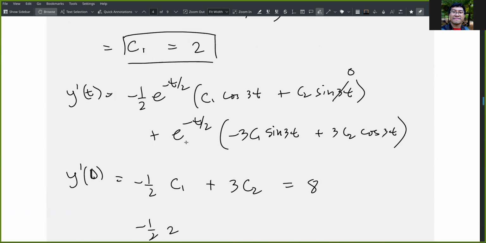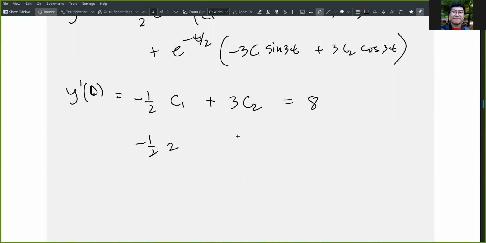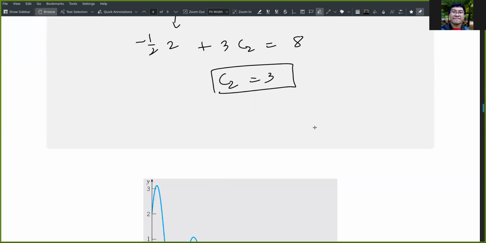c1 is 2 from before, so minus 1 half times 2, that's minus 1, plus 3c2 equals 8. So 8 here becomes 9, and 9 divided by 3 gives c2 equals 3. Finally, y equals e to the minus t over 2 times 2 cosine 3t plus 3 sine 3t.